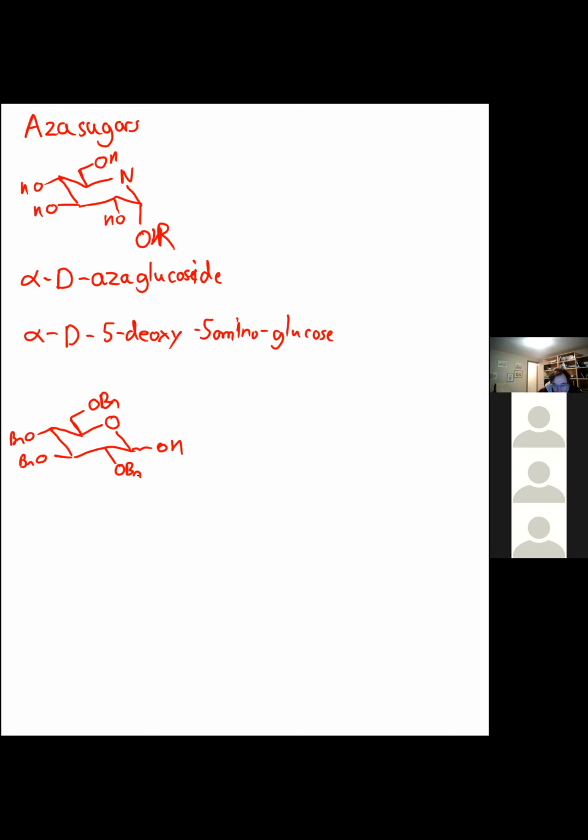But of course, we know that this is in equilibrium with that. So it's a fast equilibrium. It lies mostly towards the ring, very little towards the open chain, but that is an equilibrium. And it's an alpha-beta mixture.